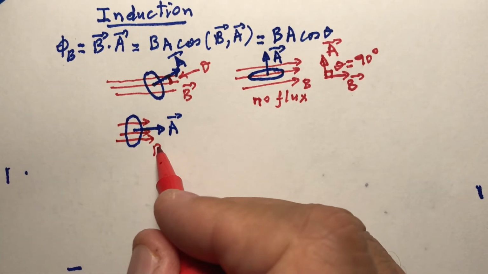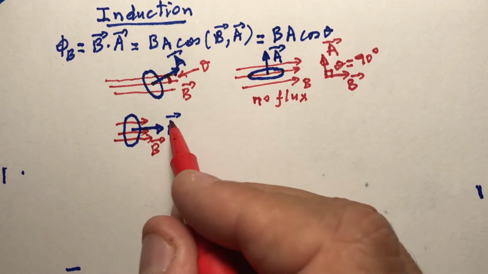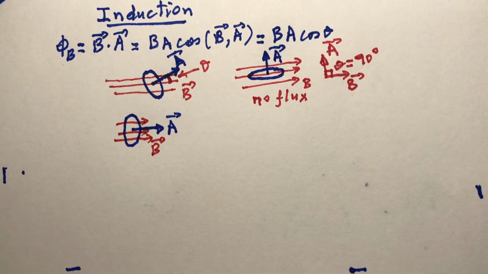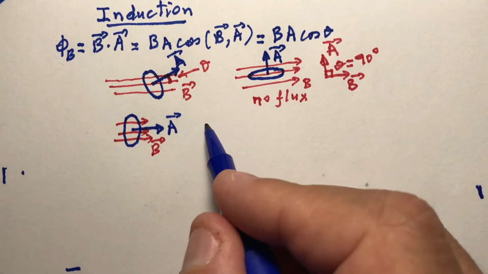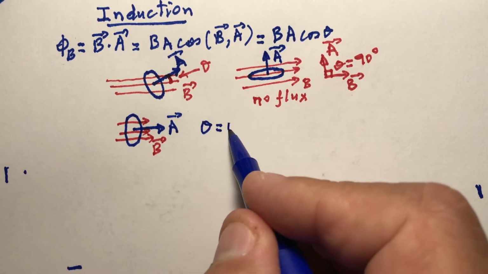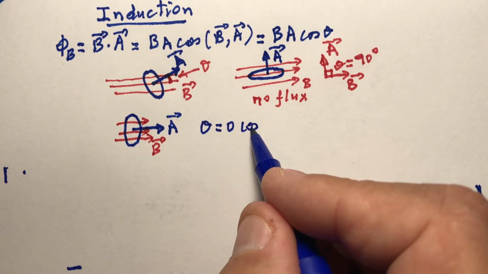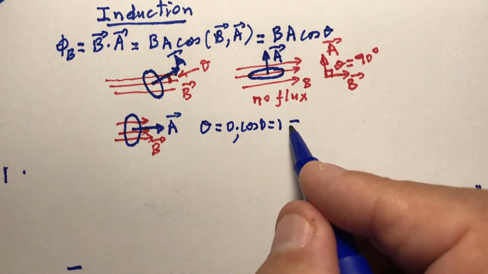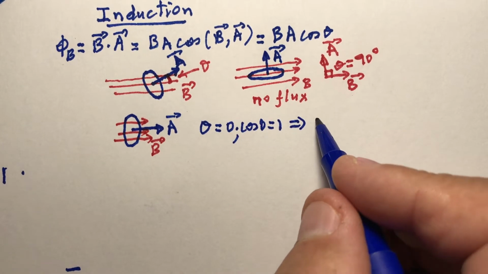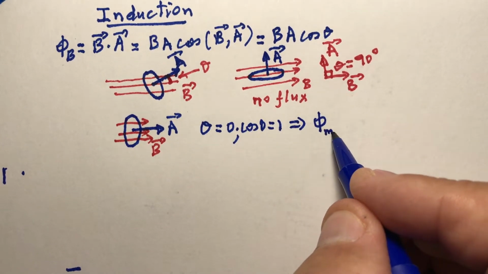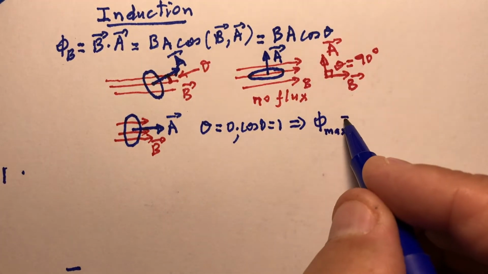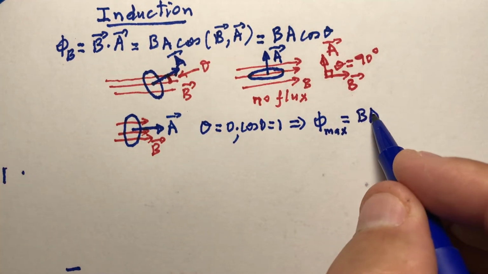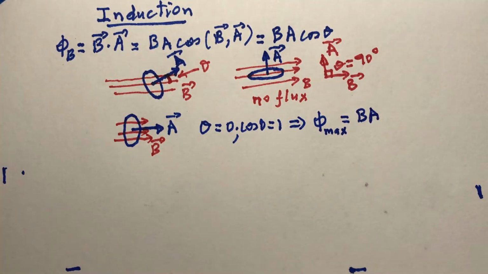You can see it's parallel to the vector area. So in this situation, theta is equal to 0, and cosine 0 is 1. So here we have a maximum flux. I put here max is equal to B times A. So this is the magnetic flux.